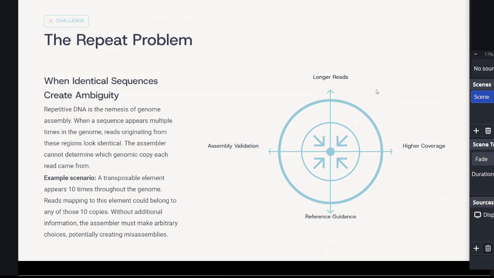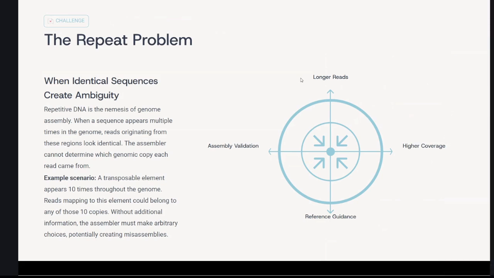These four, some of these I have given here. So how can we overcome this problem of repetitive DNA? We can have a higher coverage in our sequencing technology.